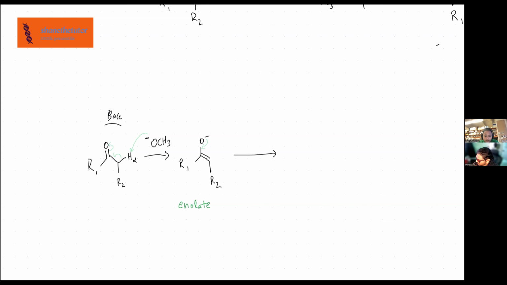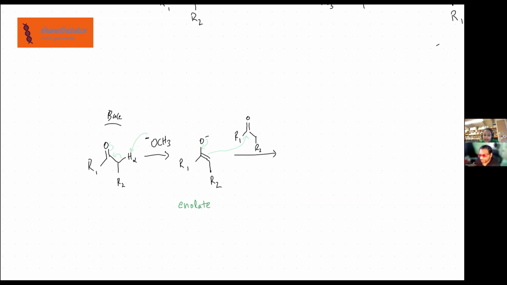So R1, R2, this will form a bond with that over there.